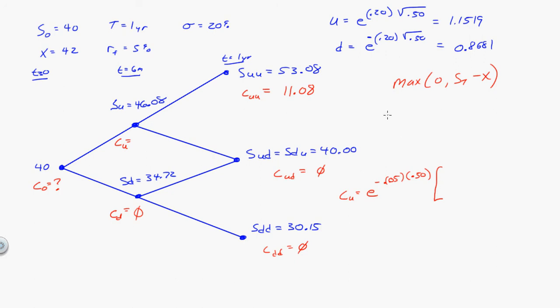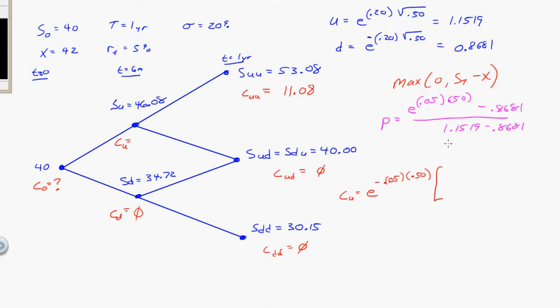Well, the probability this goes up is equal to e to the r times, not 1 for 1 year, but the time step is 0.5, minus d, 0.8681, over u, 1.1519, minus d, 0.8681. Alright, let me check and see what that is.